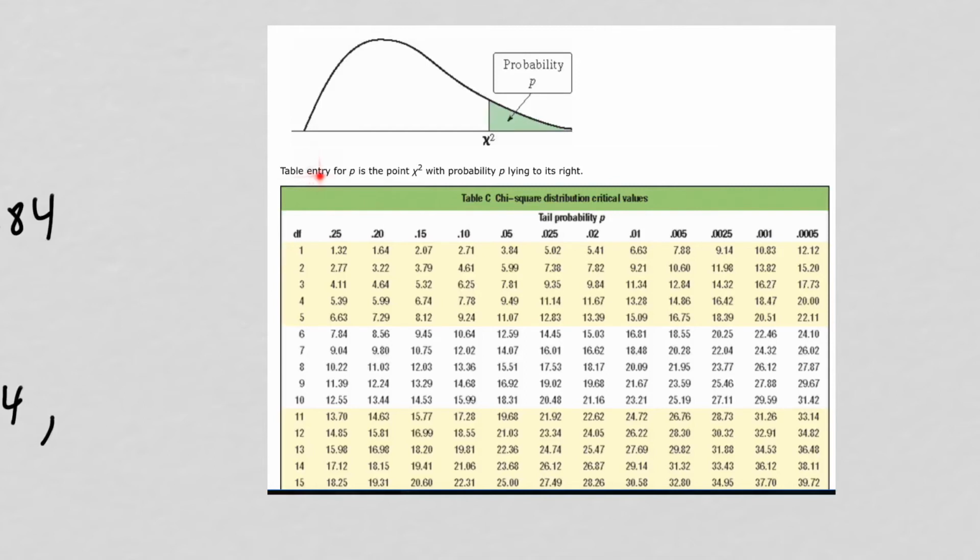And read this, the p-value to the points chi-squared with probability p lying to its right. So if this was alpha, 5%, we want to know what is this cutoff location. That cutoff location has to be 3.84. 5% to the right, that's 5%. Degrees of freedom is 1. So the chi-squared cutoff is 3.84, okay?